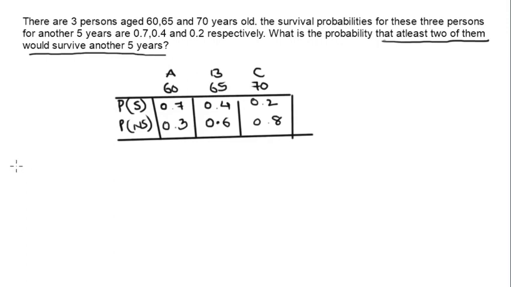Now, what probability we need to find out? That at least two of them would survive. Now let us understand how this probability can be satisfied. All three A, B and C survive.